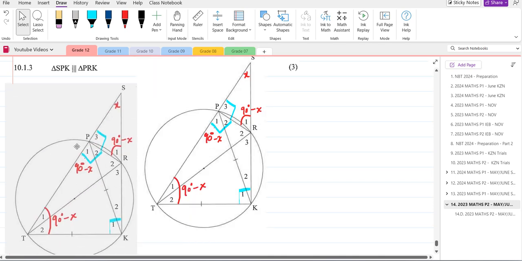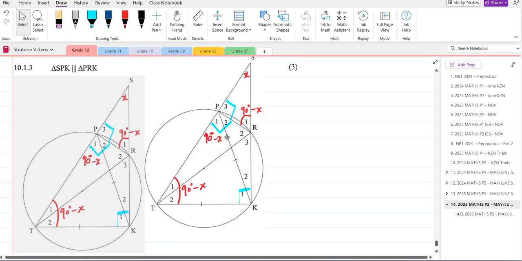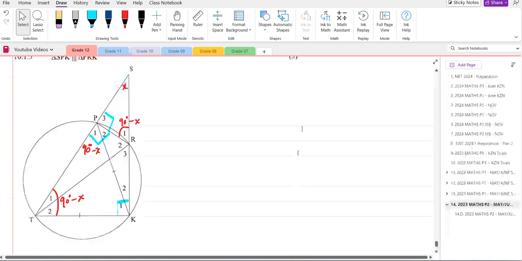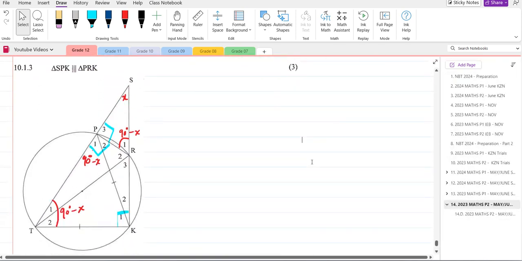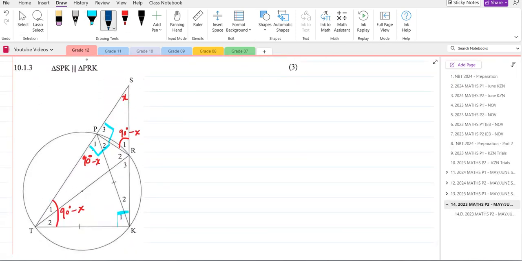So first we have to say in triangle SPK and triangle PRK.